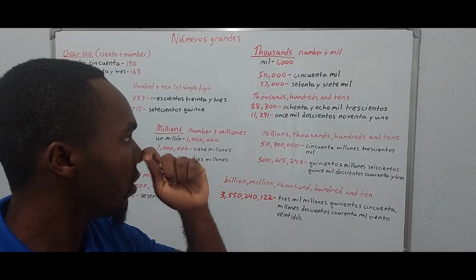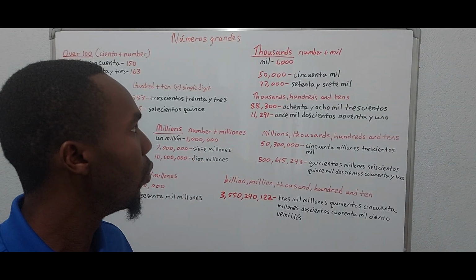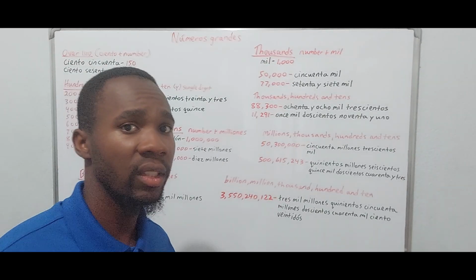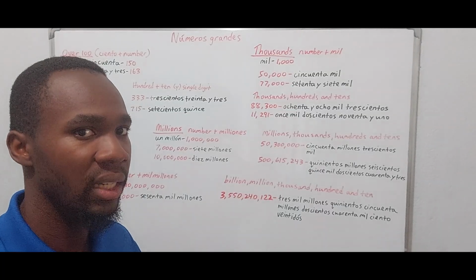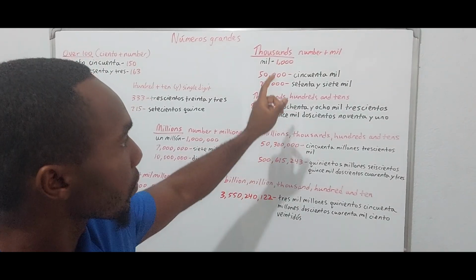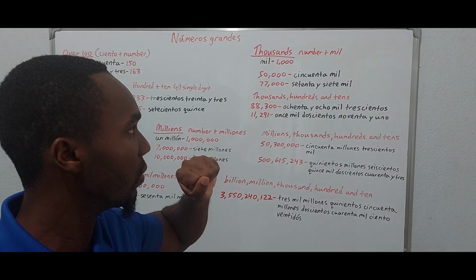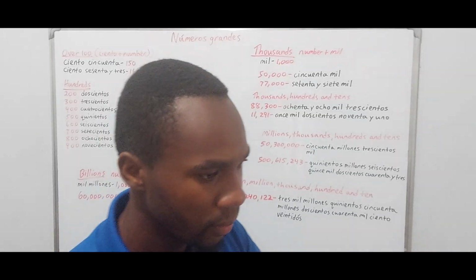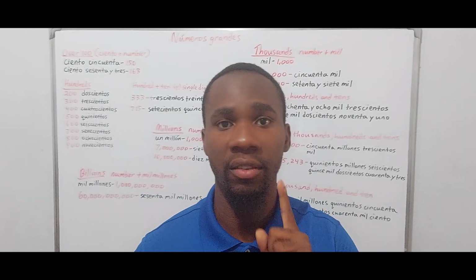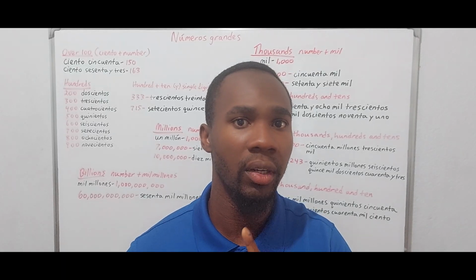When it comes to the thousands, first of all, 1,000 in Spanish is mil. Not un mil, mil. Okay? This is a 1,000. Oh, before we do that, I forgot to mention something that is very important.